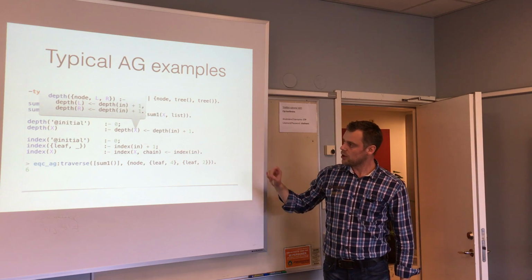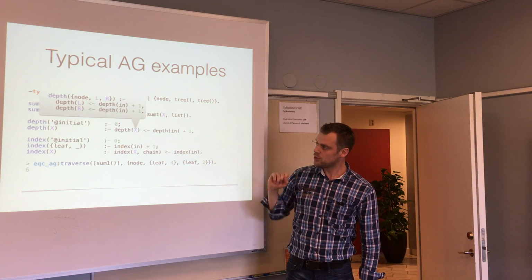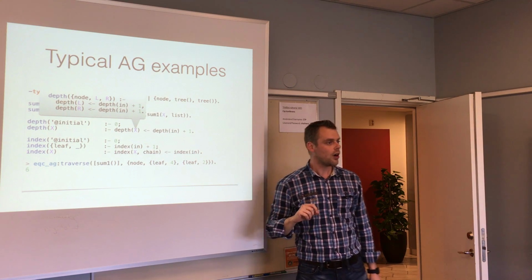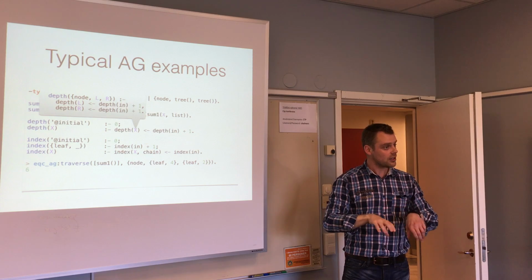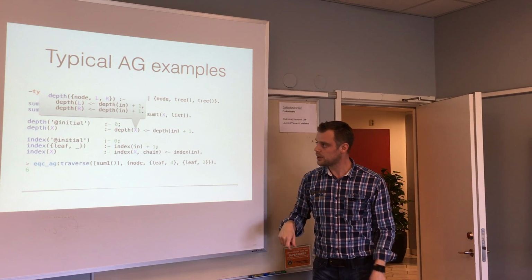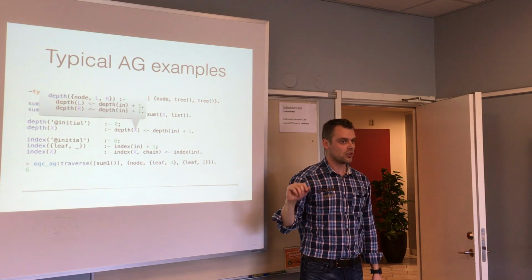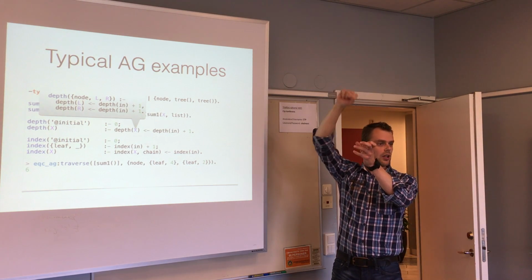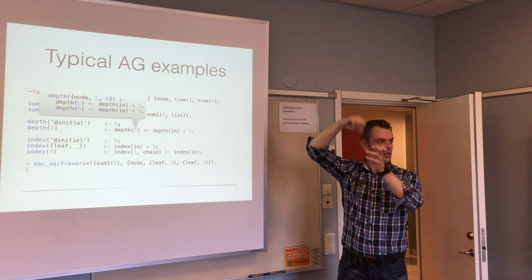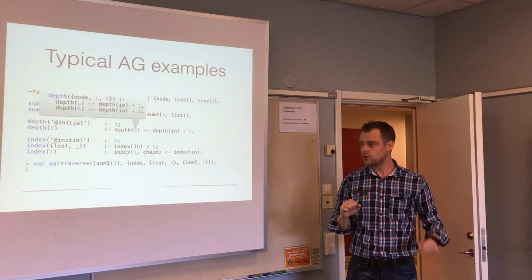So we have another attribute that we define. So this attribute calculates the depth of a tree. And the depth is an example of an inherited attribute. So we have to give inherited attributes a start value, because if we're in the root of a data structure, then we must have something that we can distribute to the children.